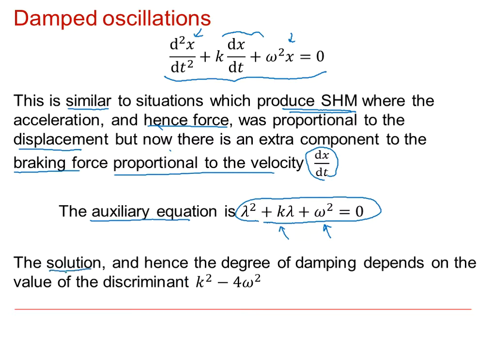The nature of the solution we get, and hence the degree of damping that we're going to experience, will depend upon the discriminant, k squared minus 4 omega squared. It will determine the different levels of damping we will experience. We'll have a look at this in a little more detail using a GeoGebra file.